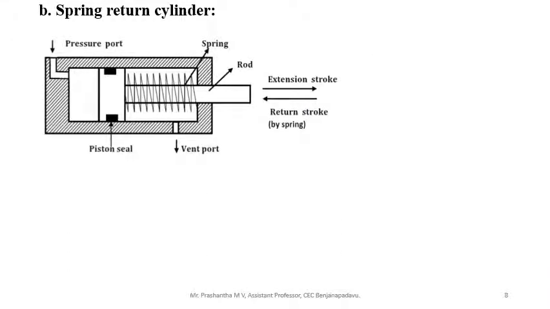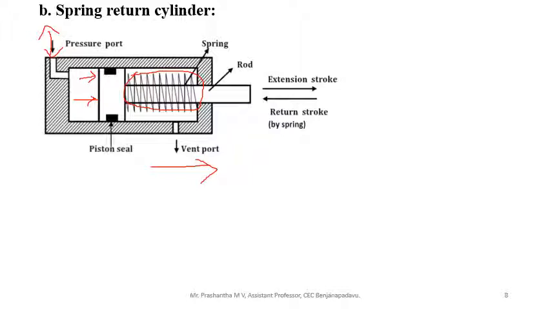Second case, spring return cylinder. Look at this. Compared to the previous case, here at the rod end a spring is attached. Here is the port for both inlet and outlet, and once the extension happens, extension means the piston travels outward, completing the work like pushing the load or pulling the load, whatever.